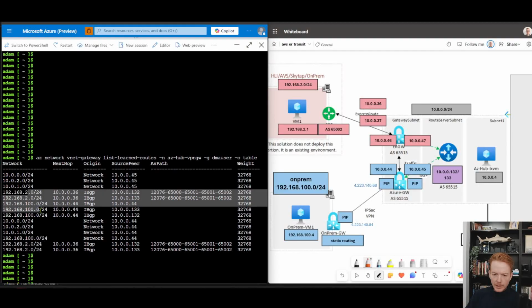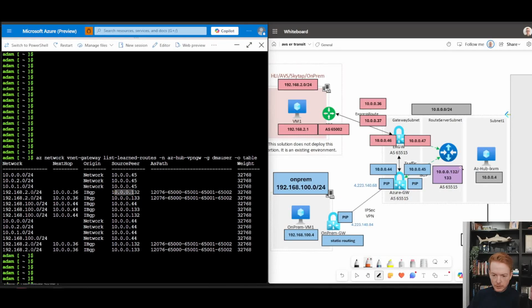The interesting ones though are here. This one is our ExpressRoute branch effectively. You see 192.168.2.0. And where am I getting the information from? It's coming from 132.133.